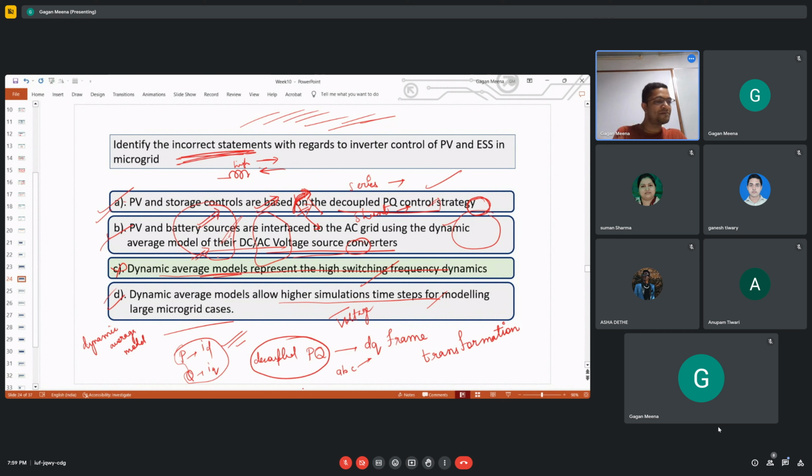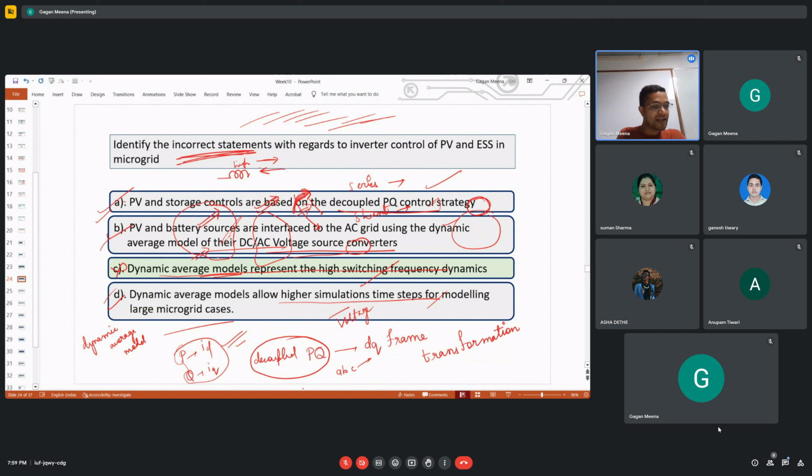But if we are interested in understanding the dynamic behavior, what is happening at each millisecond, each nanosecond, each microsecond, then the simulation time step has to be smaller than our time of interest. If I want to see what is happening at each 1 nanosecond, the time step has to be at least 1 nanosecond or less. And that will make the solver solve at each nanosecond.